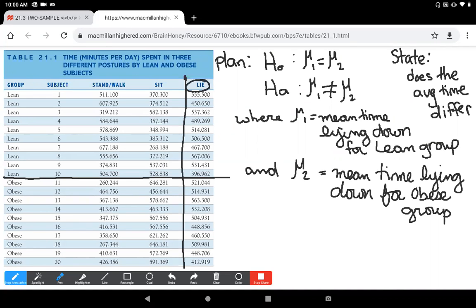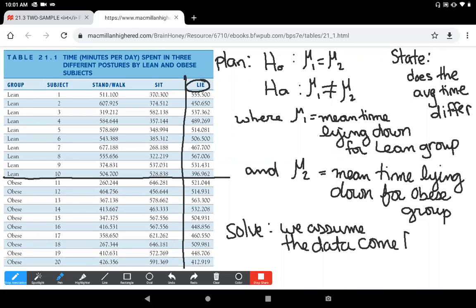All right, and now it's time to solve. We assume that the data come from SRSs of the two populations, simple random samples.